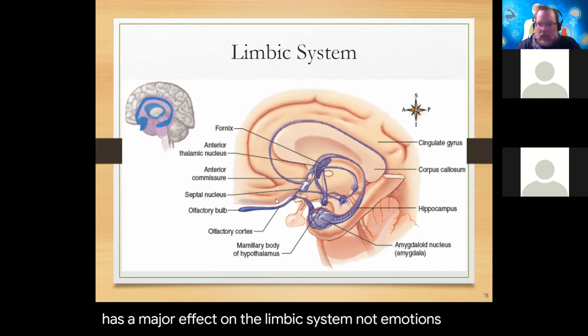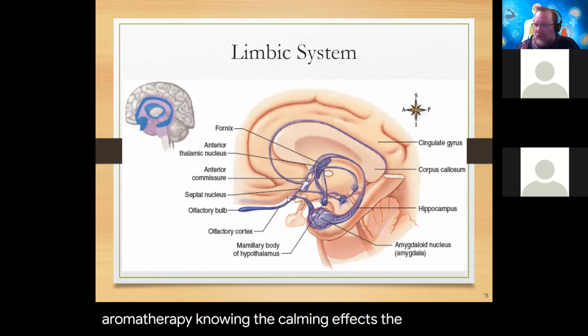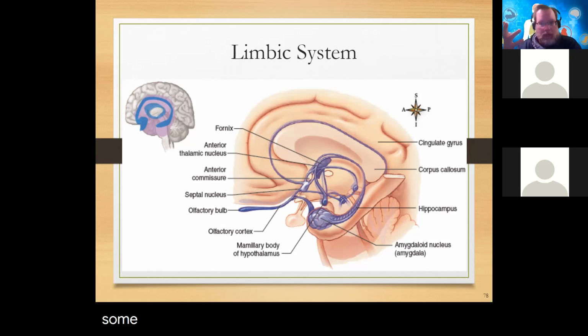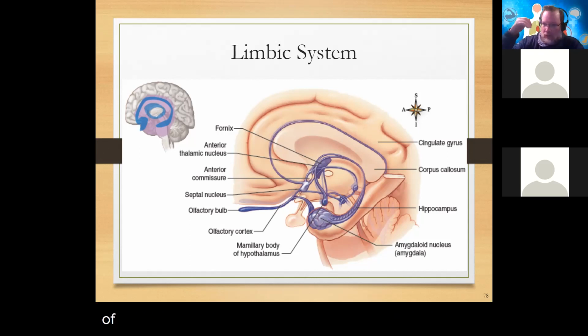Okay, a lot of hospitals and clinics have started getting into aromatherapy, knowing the calming effects, the soothing effects, the balancing effects that they can have. Some aromatherapy provides more uplifting effects. Some gives more soothing effects.